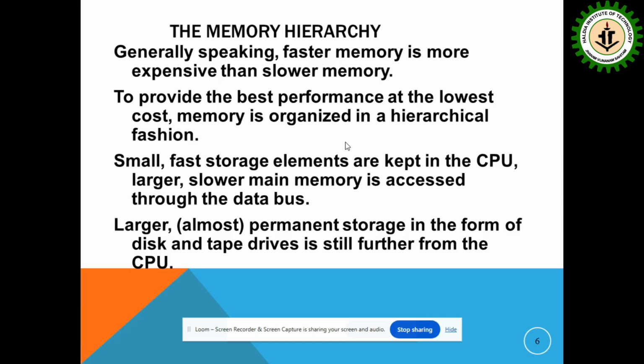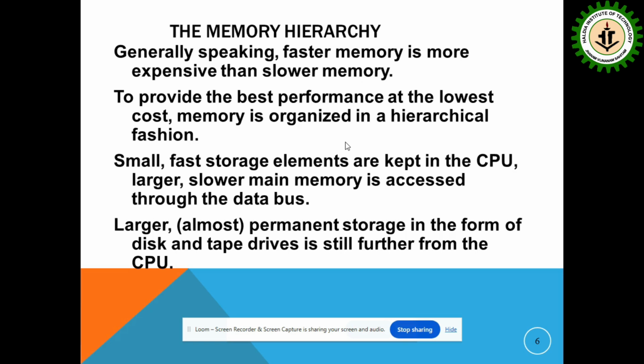Now, as there are different types of memory components, we need to go through the memory hierarchy. Generally speaking, faster memory is more expensive than slower memory. When we design the hierarchy, there are certain parameters on which it is based. These are the speed of the memory, the cost per byte, and the size of the memory.